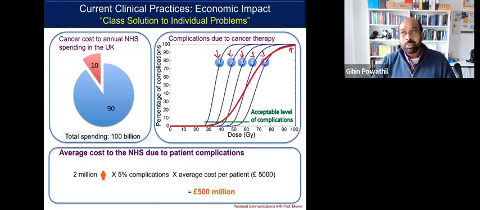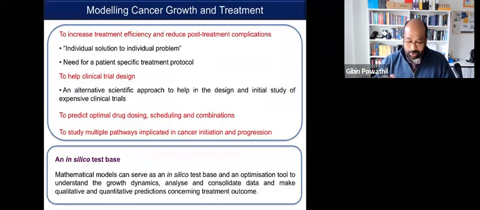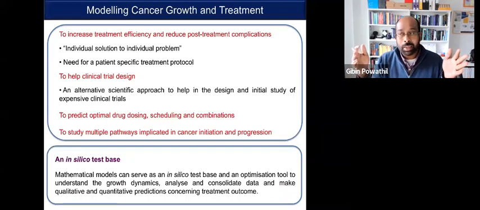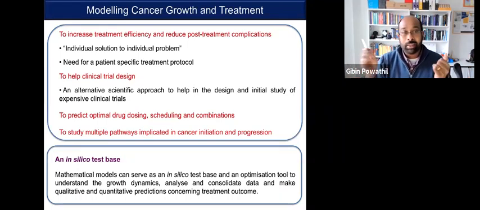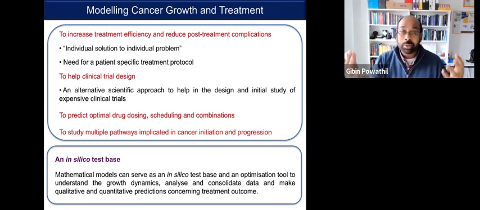So the idea is, can we use mathematical, computational or visualization approaches to use the information that we already have from the patients? For example, each patient goes through different diagnoses. They take biopsies, they take MRI, they take CT scans. The wealth of information is in all those data.